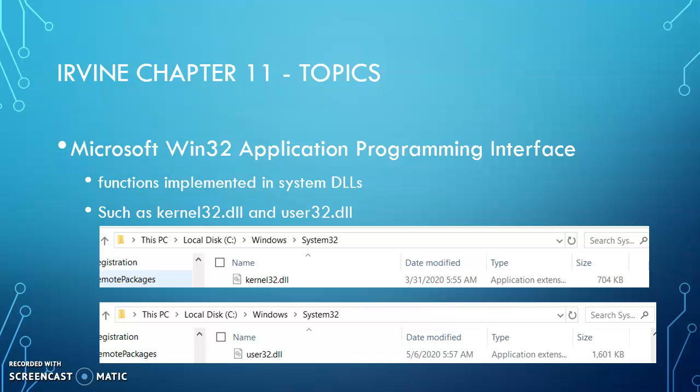So when a program closes, the dynamic linked library will still remain behind. Two of the ones that are mentioned are the kernel 32 and the user 32 DLL, and those are in the Windows System 32 folders. So what those DLLs are is a series of routines that we can call.